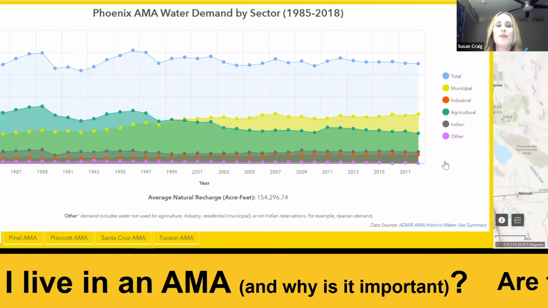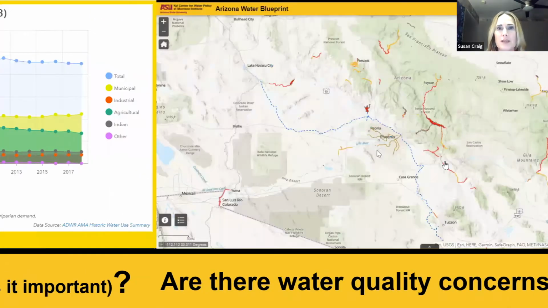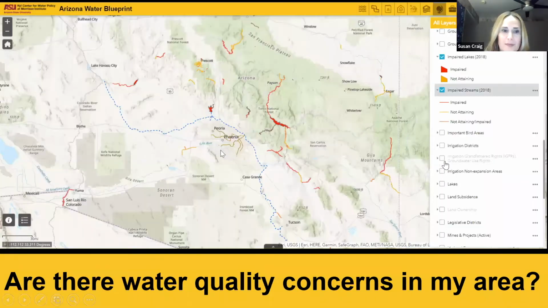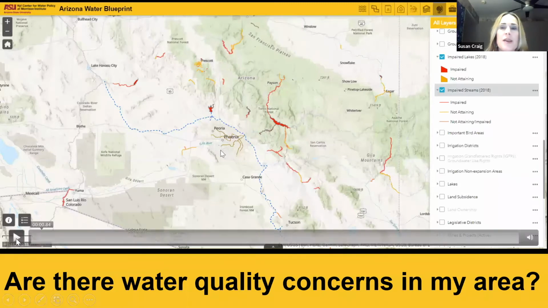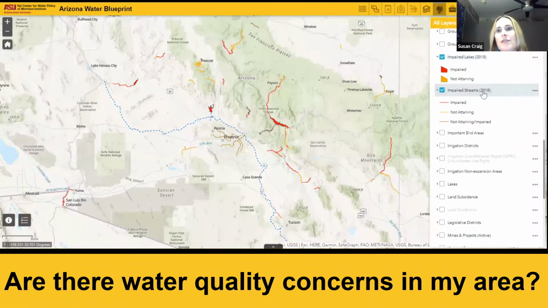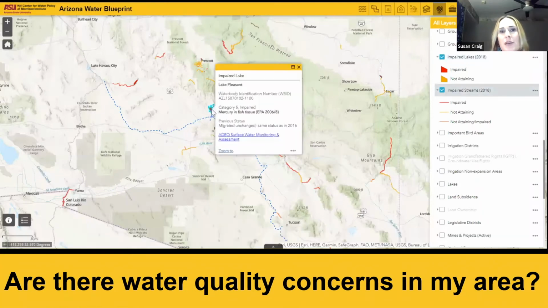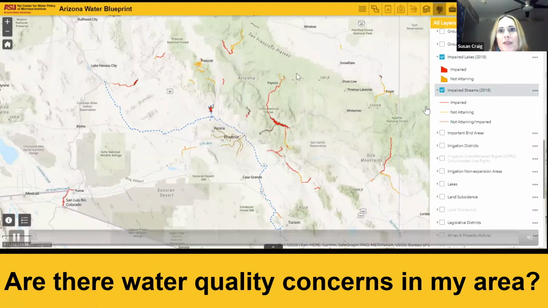And maybe you want to know about the water quality concerns in your area. So I put together this little video, but essentially you would want to look at impaired lakes, streams, rivers, and Superfund sites. So I just put together this video, and you can see the different impairments around the Phoenix area.